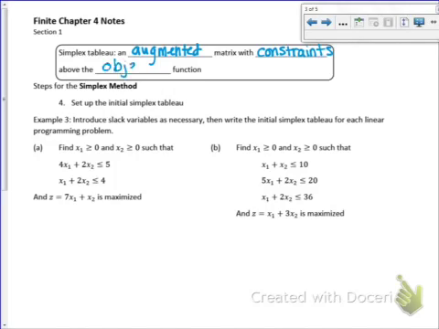So we're actually going to put the objective function into our augmented matrix. If you remember the augmented matrix, we had our little brackets for our matrix, and then we normally did x, y, z. We had that vertical line. So our variables are on the left, and then our constants were on the right.